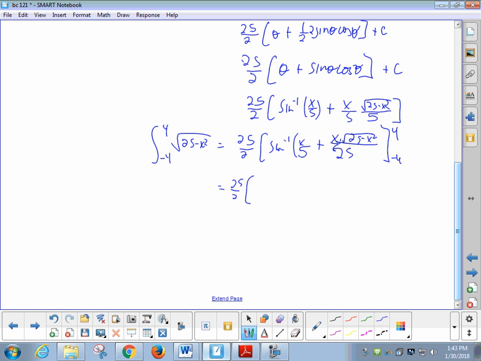Aren't you going to end up with just inverse sine of 4 fifths? Okay. 4 root 25 minus 16, so 9 square rooted, so 3.